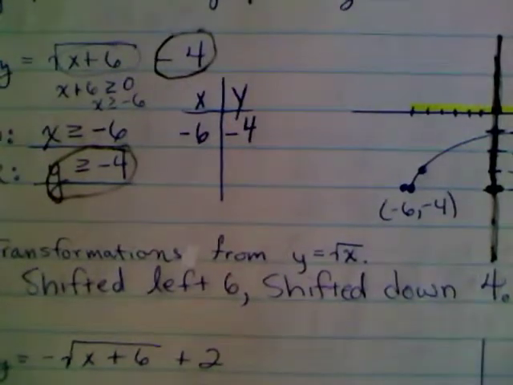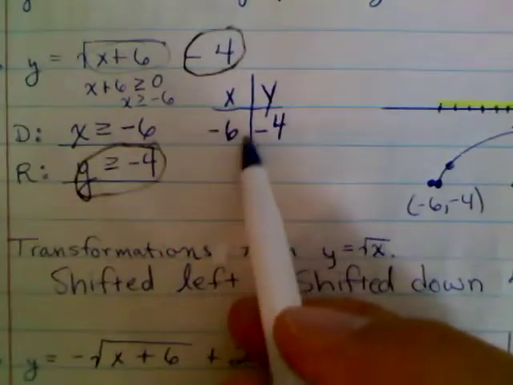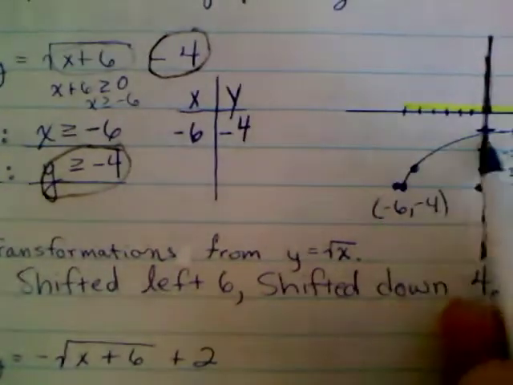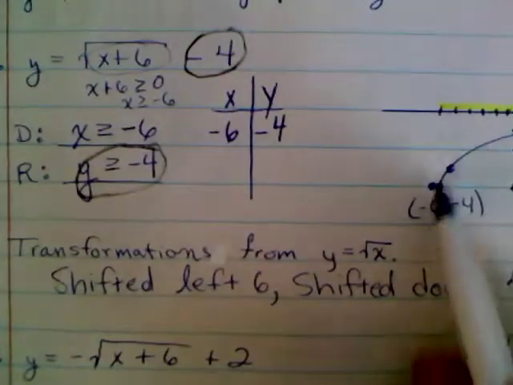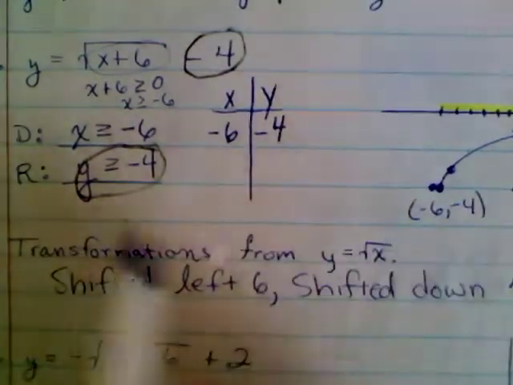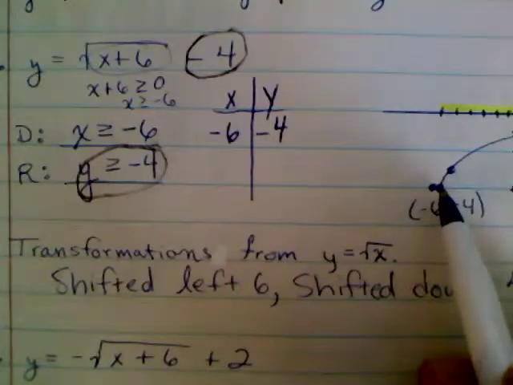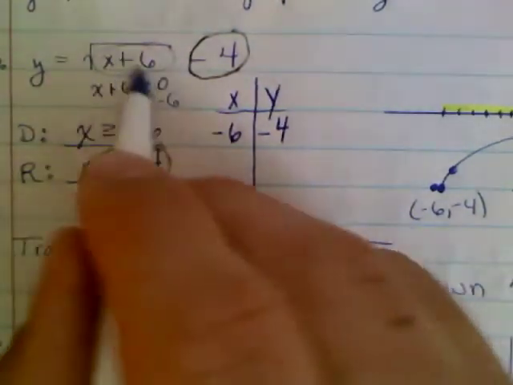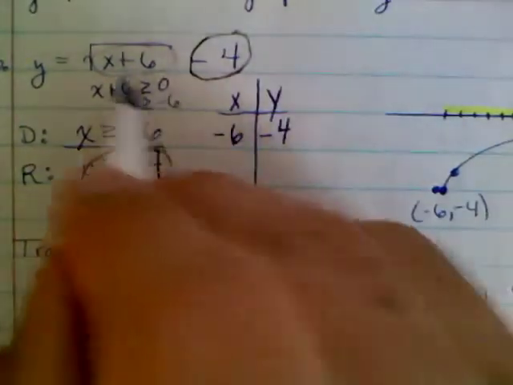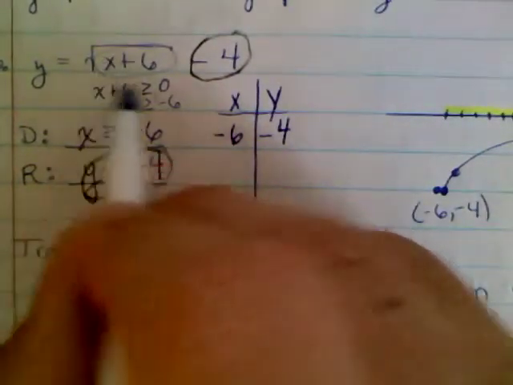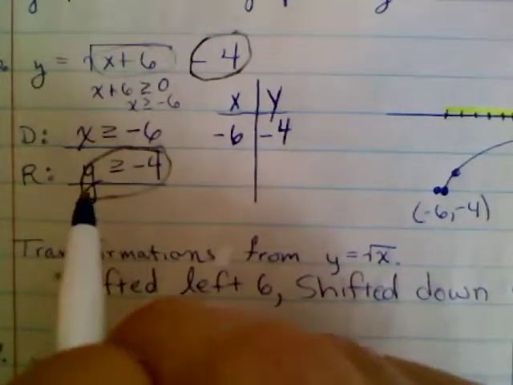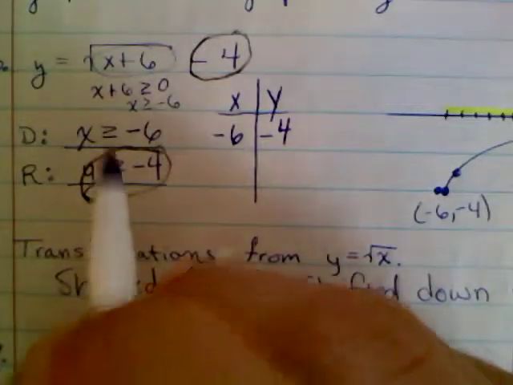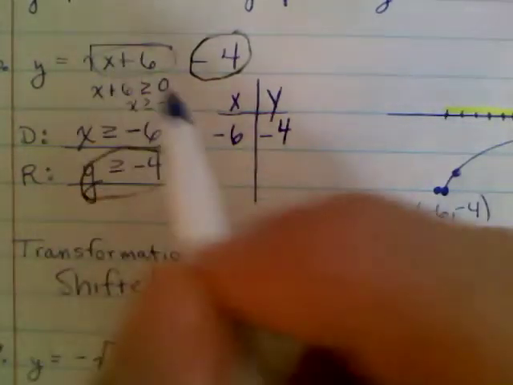Okay, so now let's go back in and substitute in some x values and get the y values so it's somewhat of an accurate graph. Let's go ahead and get 3 points. I've plugged in negative 6, and that made the inside of this 0. For the rest of these, I'm going to make sure the inside of the square root is 1, and then I'm going to make sure the inside of the square root is 4.